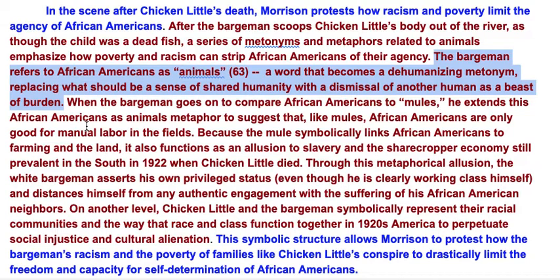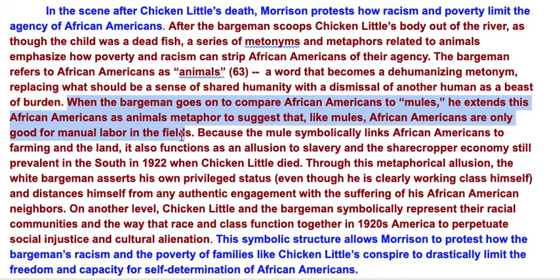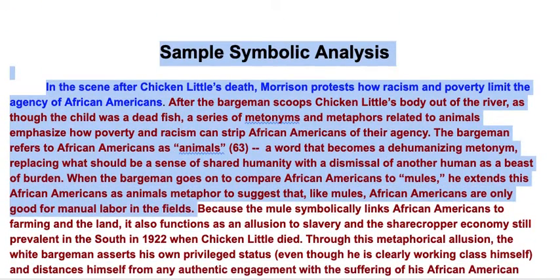So notice how that quote integrates just one word into a sentence that sets it up, and then has 15, 20 words interpreting the meaning of that word. Sometimes when you interpret language, you integrate it into a sentence like you see here, and then you spend several more sentences just unpacking that one word.